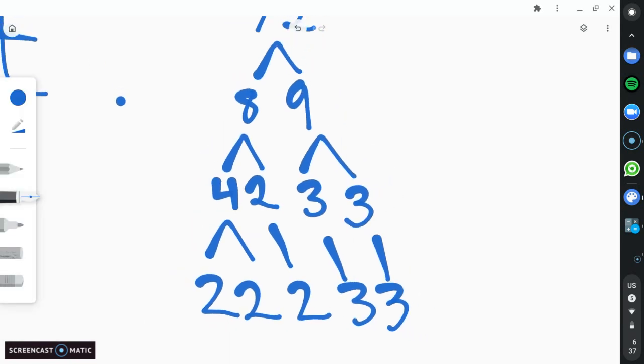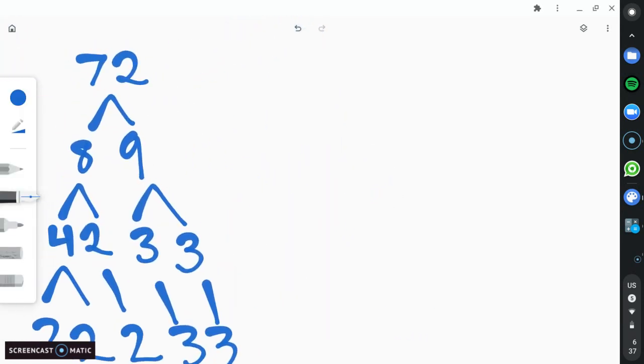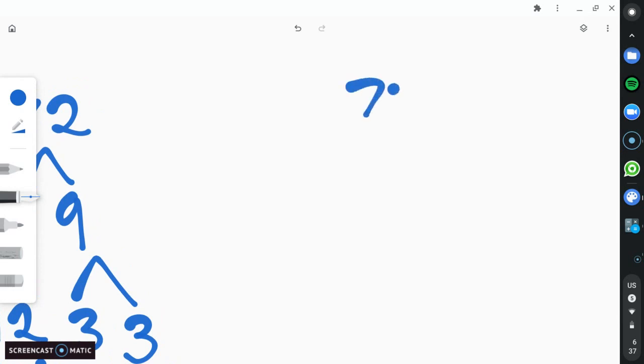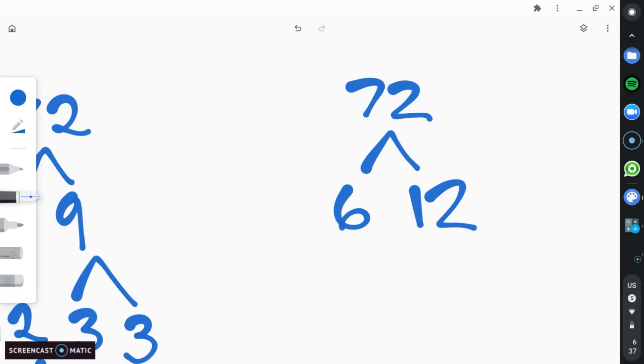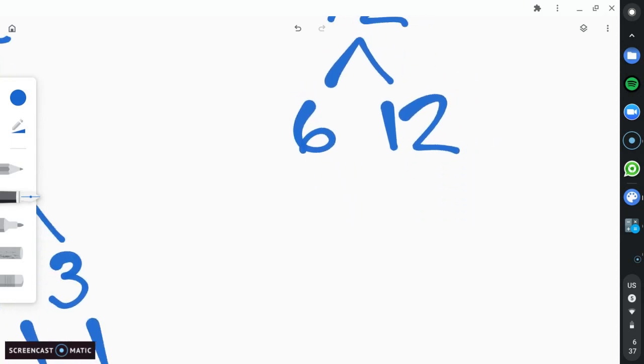Cool. Now, what if some of you for 72 said, wait, 72 is 6 times 12. Do you think this is a problem? If you said 6 times 12, did you do it the wrong way? Let's find out. What two numbers multiply to get to 6? 2 and 3.